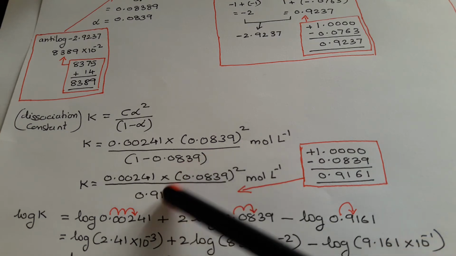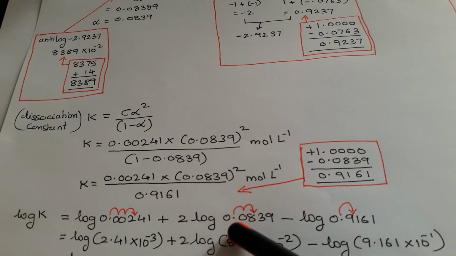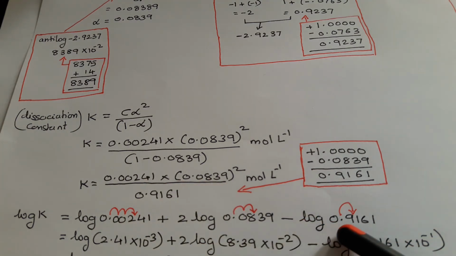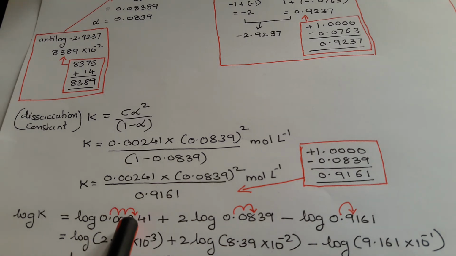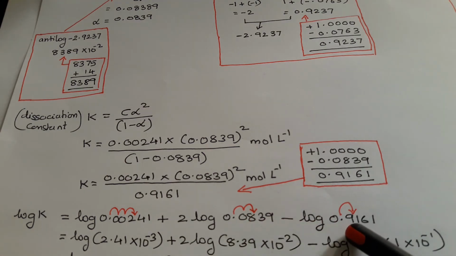Here it is multiplication, so we write plus, and here it is square, so we write 2 log of 0.0839, and here it is division, so we write minus log of 0.9161. To make them into simple log, we shift in this case 3 decimals to the right, here 2 decimals, and in this case 1 decimal to the right. So respectively we write 10 raised to minus 3, 10 raised to minus 2, 10 raised to minus 1.